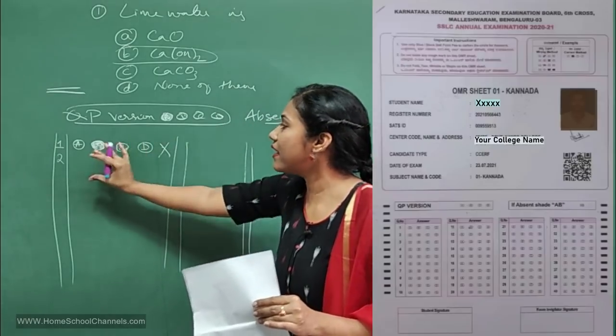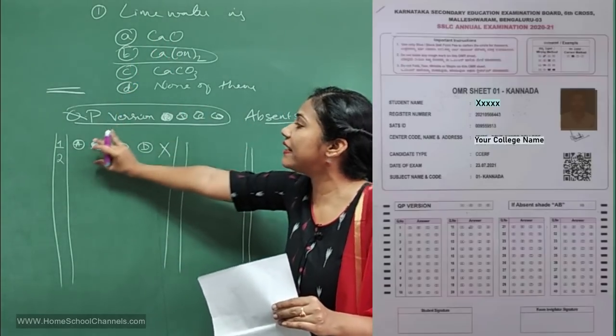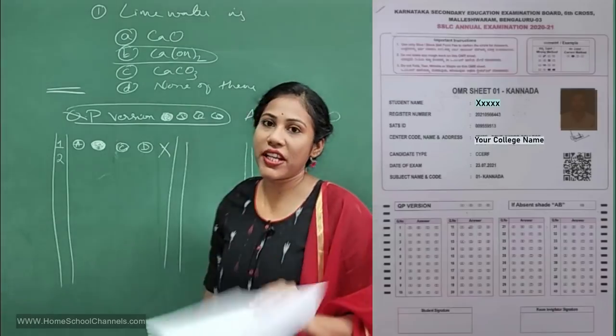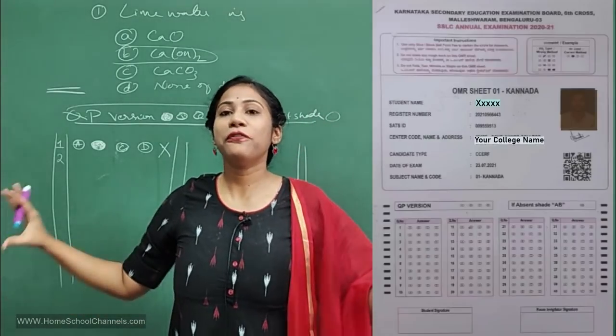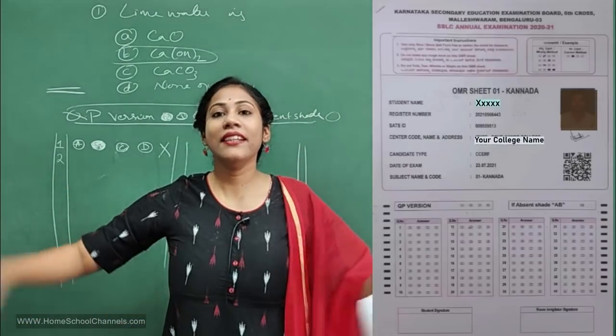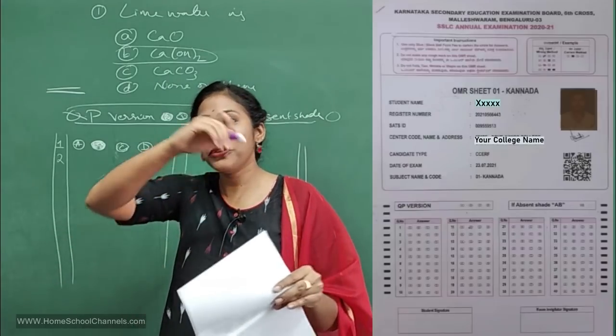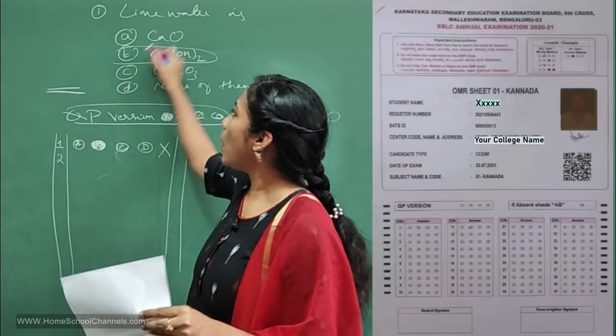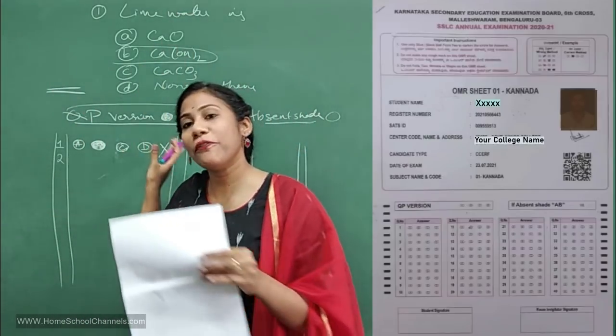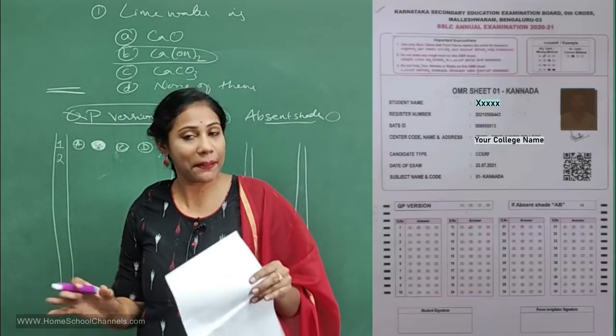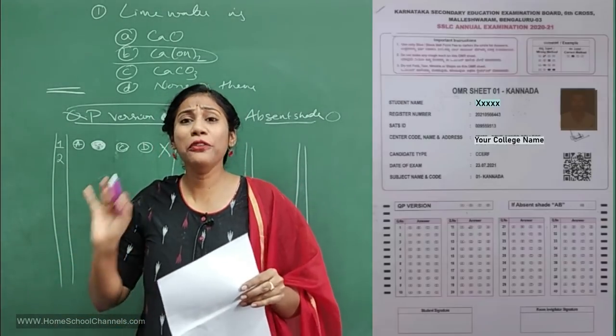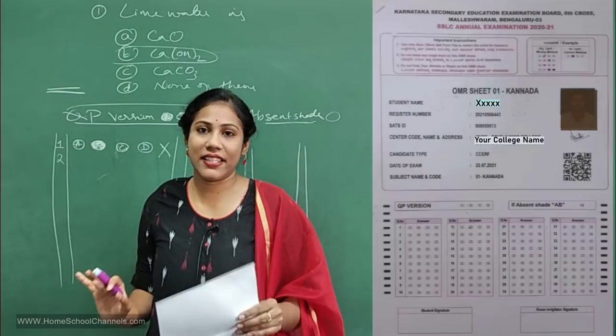So only one circle, whichever the option is correct, that circle you have to shade, right? So all that you have to do is this: no written answer. You no need to tick the option in the question paper, right? So for everyone, OMR sheet will be provided where you have to shade the circles, that's it.